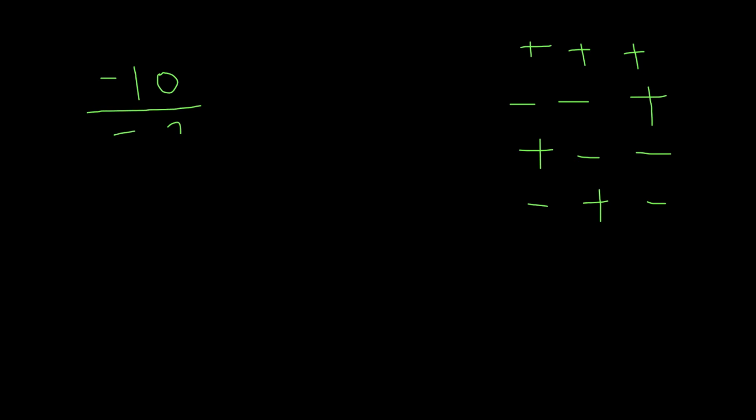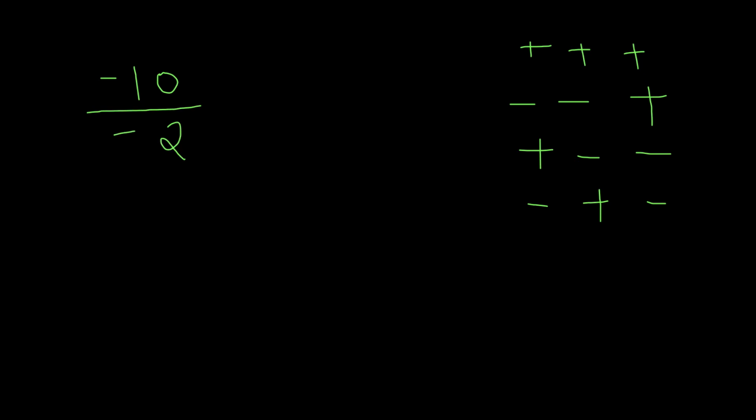Problem in division of integers. So children, in division of integers, the signs that we follow are same as the multiplication. Plus plus will be plus, minus minus plus, plus minus minus, and minus plus minus. So if we have two integers, for example, we have minus 10 and this is being divided by minus 2.